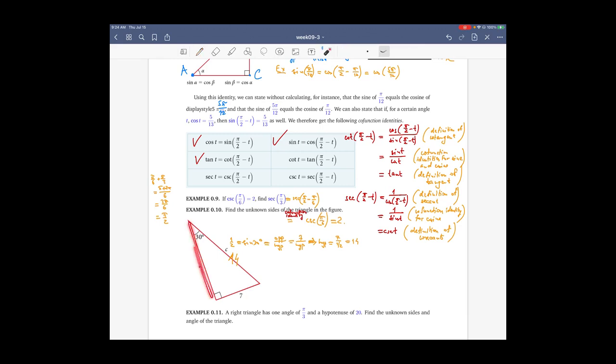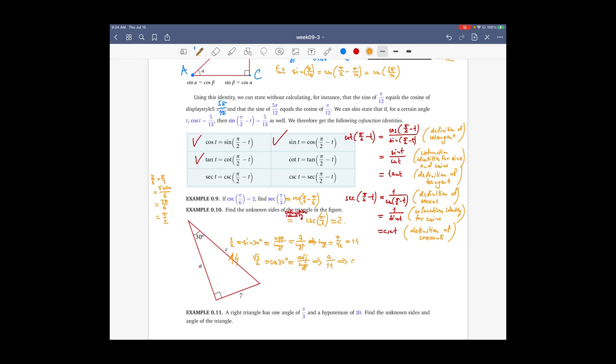And now to find A, we could use the Pythagorean theorem, or we could use another trigonometric function, for instance, cosine of 30 degrees, which is on the one hand root 3 over 2, on the other hand adjacent leg over hypotenuse. Adjacent leg is A, hypotenuse is 14.